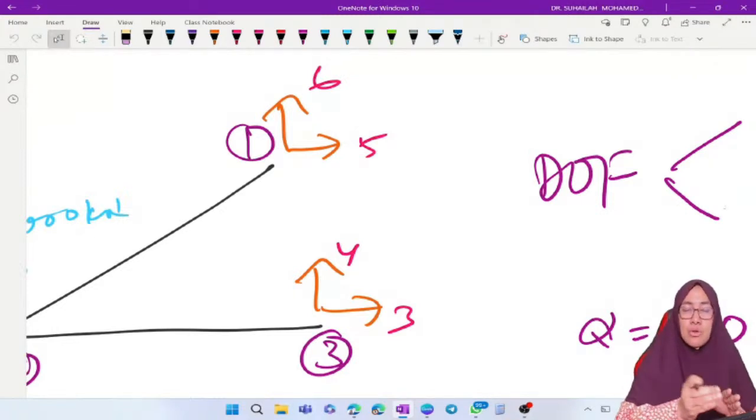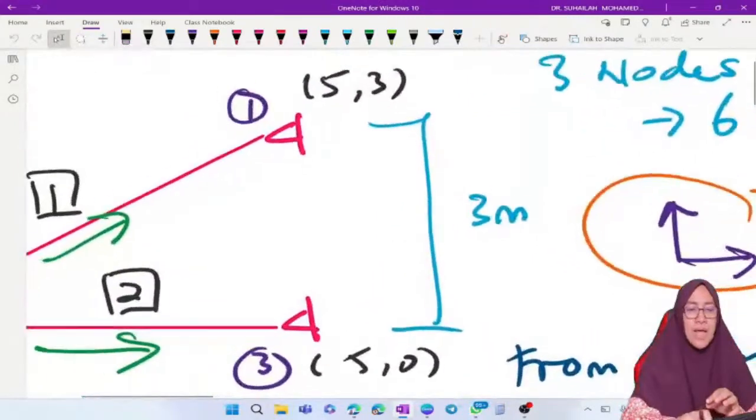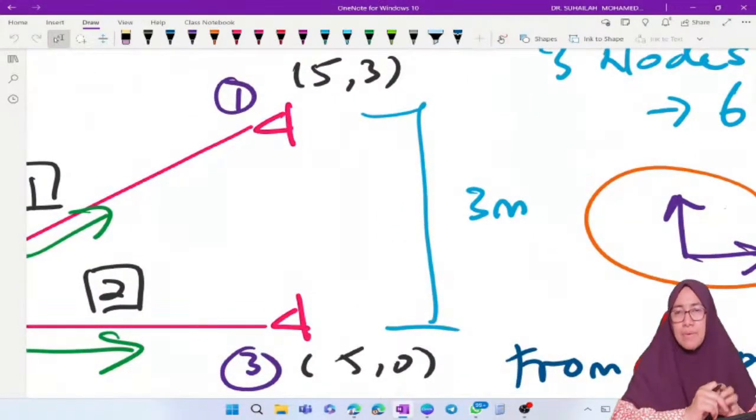Remember, node 1 and node 3 are actually the supports. There are 2 pin supports at node 1 and node 3. So when there is a support, there is no displacement. It cannot move. So D3, D4, D5, D6 equal 0 because of the support.